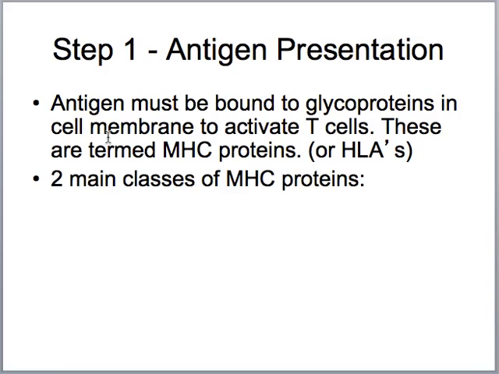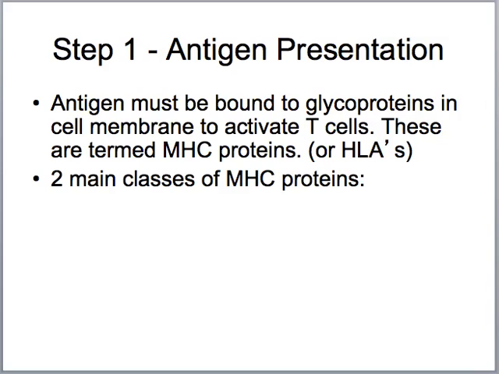These glycoproteins are termed MHC proteins, which stands for major histocompatibility complex proteins, or human leukocyte antigen proteins. So we just abbreviate them and say MHC proteins. They're sometimes called HLA proteins, but we'll call them MHC proteins.